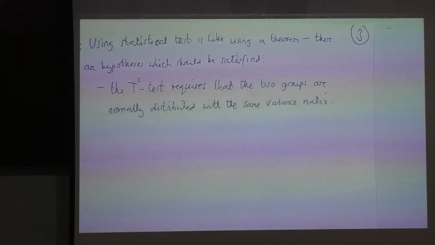So you should try and actually verify that, or indicate at least that you thought about it.